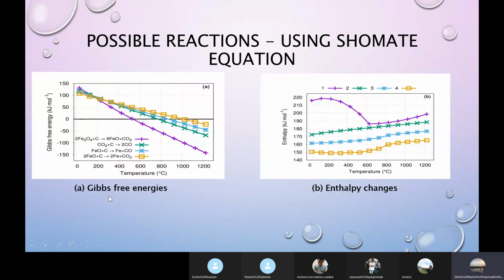Okay, using the Gibbs free energy, this graph I think was only calculated using the Shomate equation and the coefficients from a table.